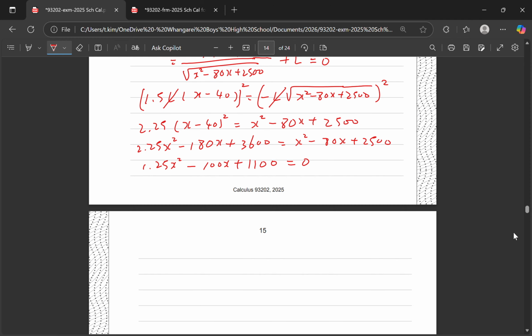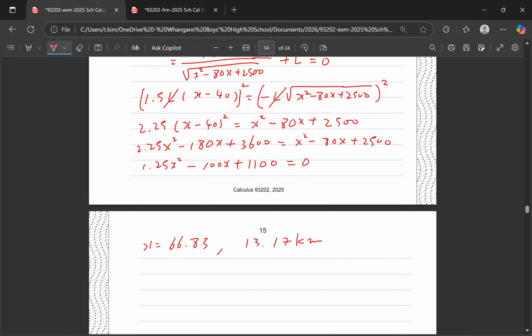I don't think you can factorize it, so use a graphics calculator, or if you don't have one, just use the quadratic formula or the completing the square method. So you will have x equals 66.83 or 13.17 kilometers.